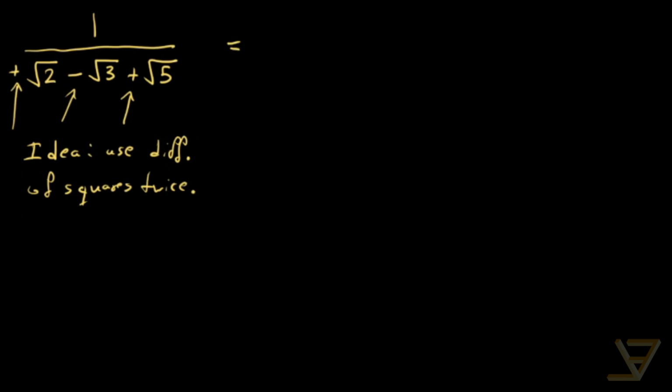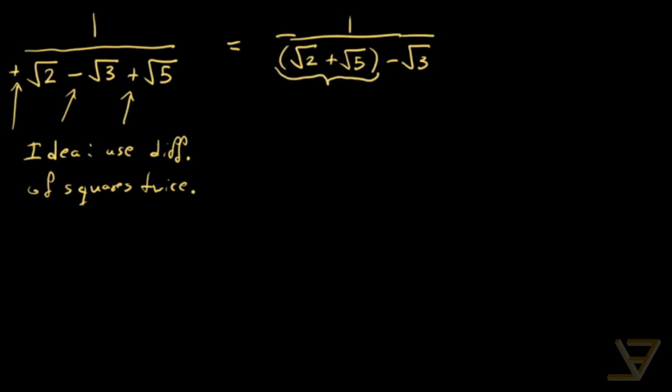First, we're going to regroup the denominator. So we get square root of 2 plus square root of 5 minus square root of 3. And we're going to pretend like this is just one block. You can call it A if you want, but I'm not going to do that because we're soon going to be getting rid of it.